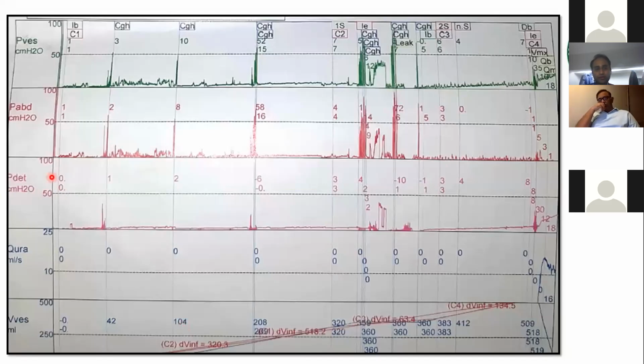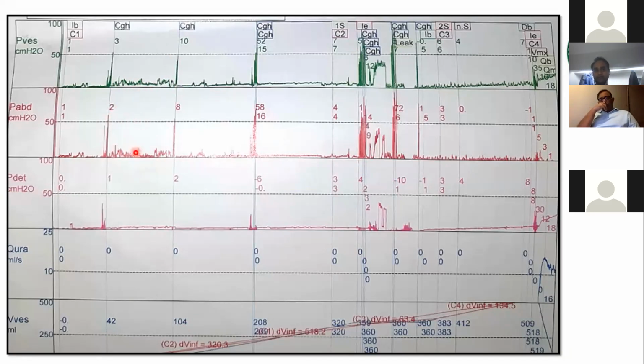So can you guys comment on this filling phase of this patient? What do you think these things are here that we can see, these erratic findings in all the 3 readings?